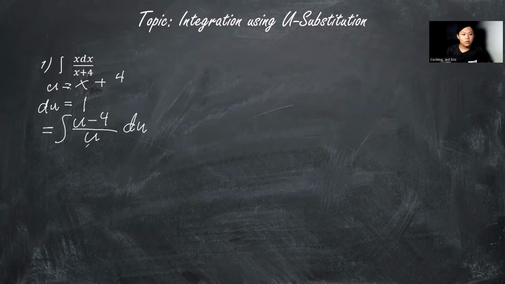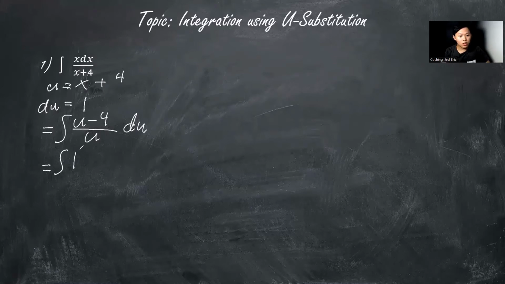Okay, now we can just simplify this first, so that will be equal to the integral of 1 over du minus the integral of 4 over u du.